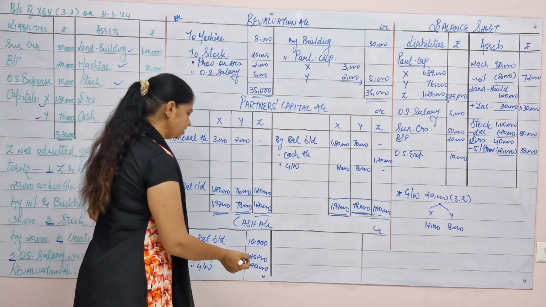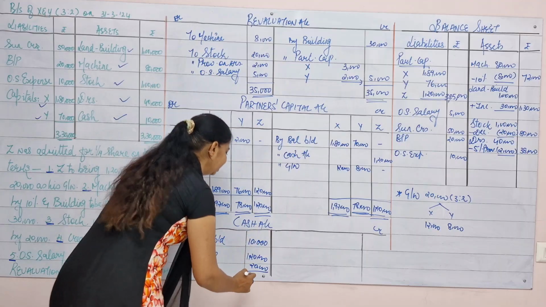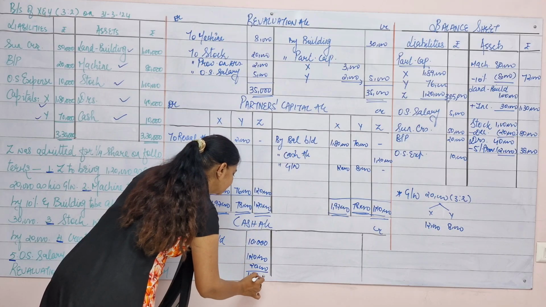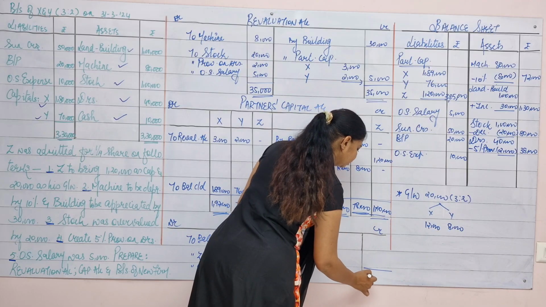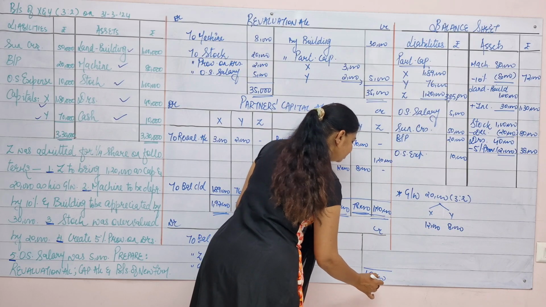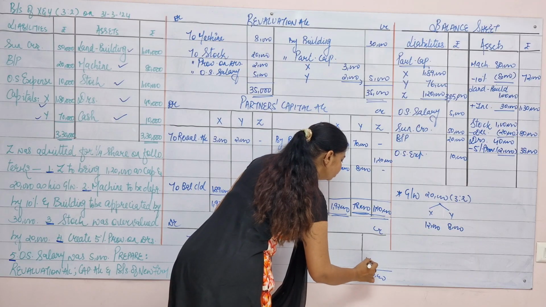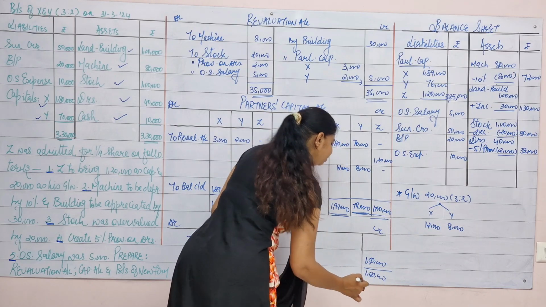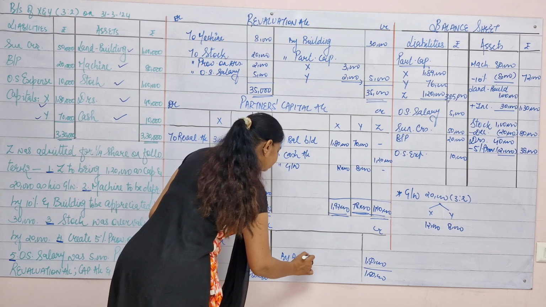Now we have cash account. We will close cash account as well. It will be 1,50,000. Bring it this side. 1,50,000. Credit cash कोई हुआ ही नहीं. So your gap also will be 1,50,000 and this will be cash ki balance carried down.